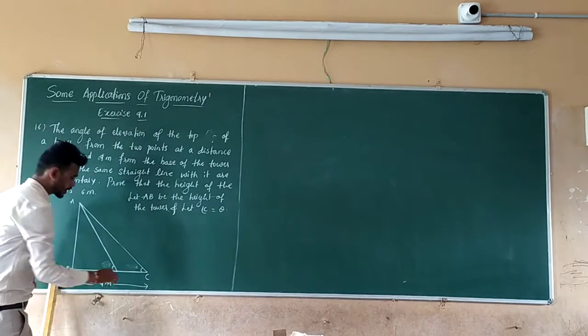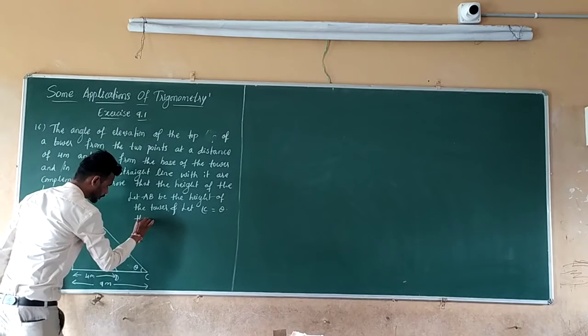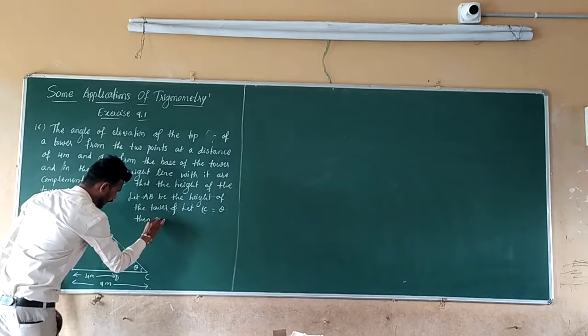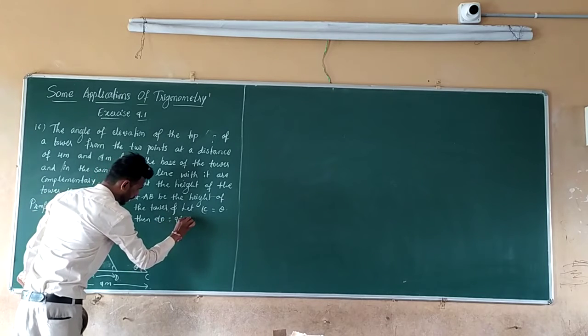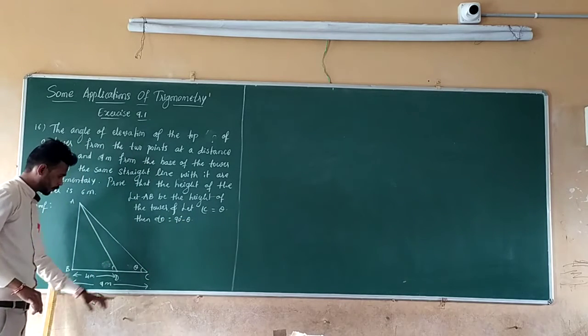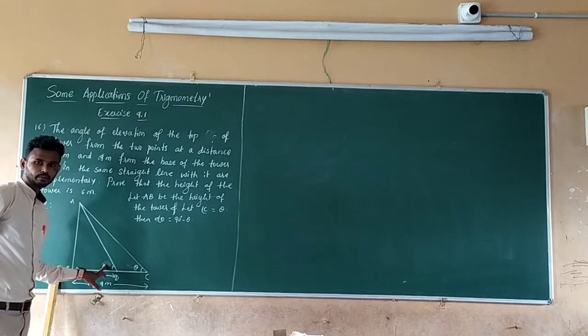We don't know how much the angle is, so let us take it as theta. Then angle D will become what? 90 degrees minus theta, because both are complementary. If it is theta, then the other should be 90 minus theta.